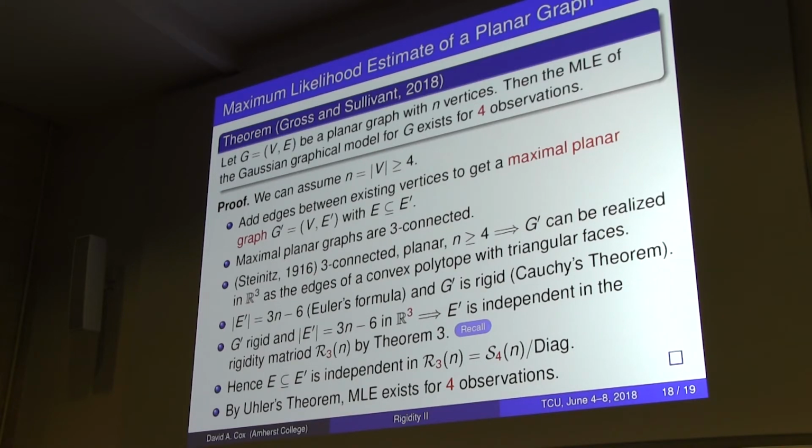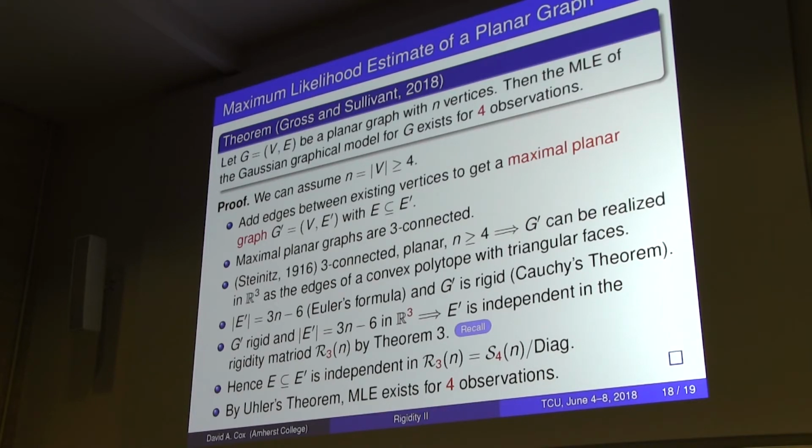So I'm actually doing another proof, so it's two proofs in a row. This is one of the really nice theorems in their paper. Take a planar graph with n vertices. Then the MLE of the Gaussian graphical model exists with probability 1 when I have 4 or more observations.